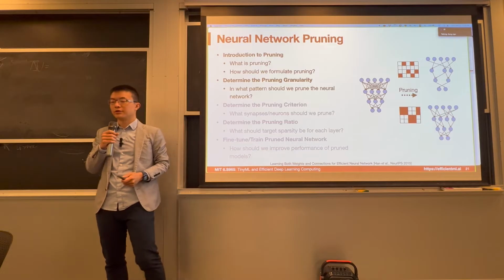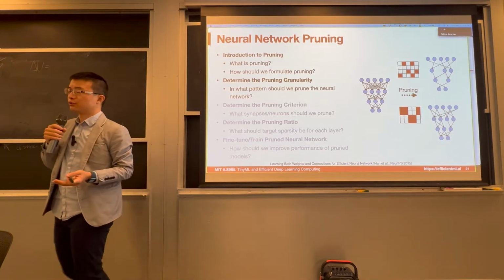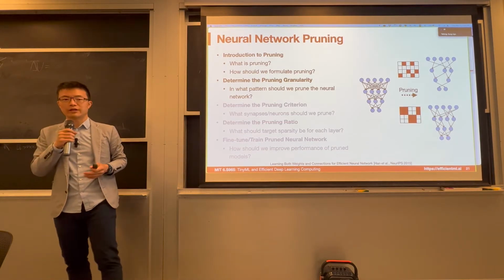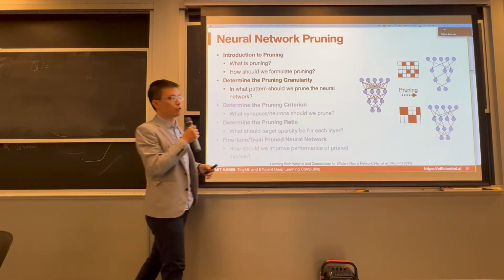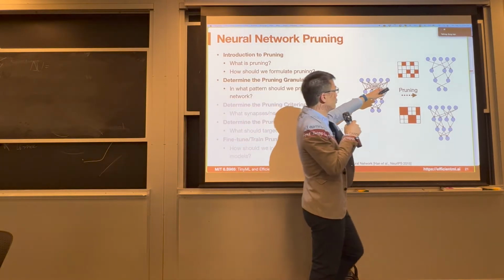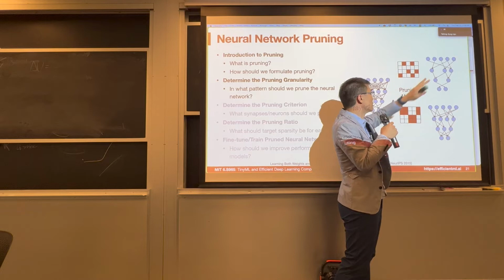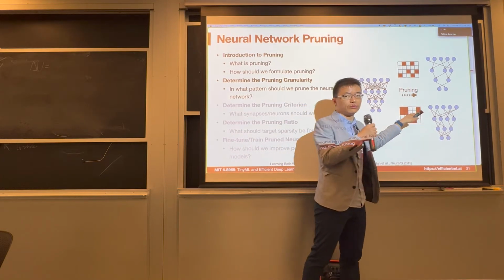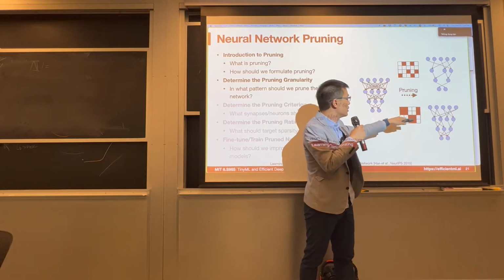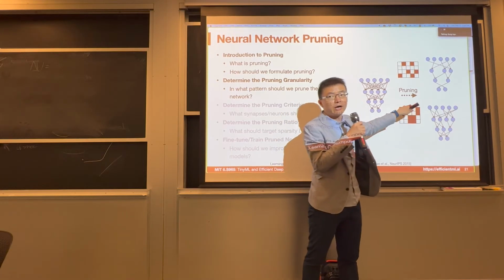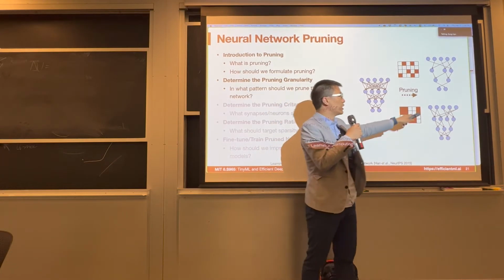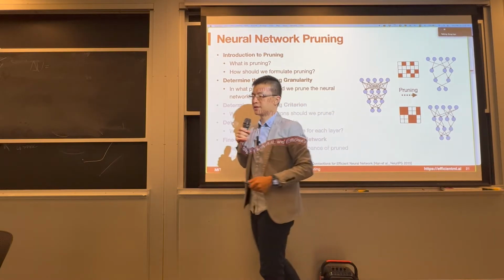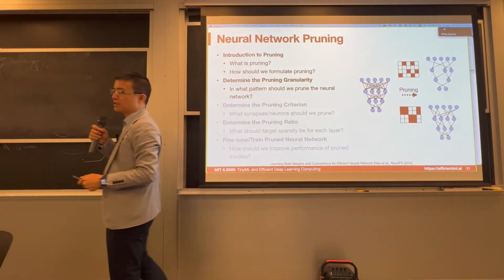So there's a trade-off between how much we can prune versus whether the pruned model is more regular. We can, of course, prune individual weights without any regularity, or we can prune some chunk of weights, like in this case, we are pruning this entire 2x2 square, so that the resulting weight matrix has some pattern.